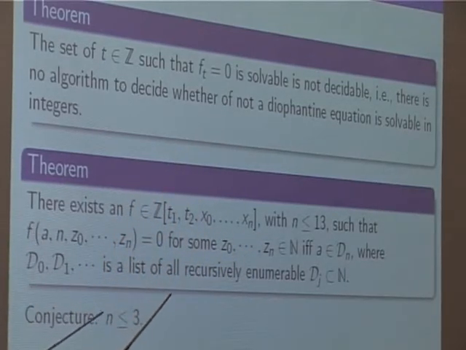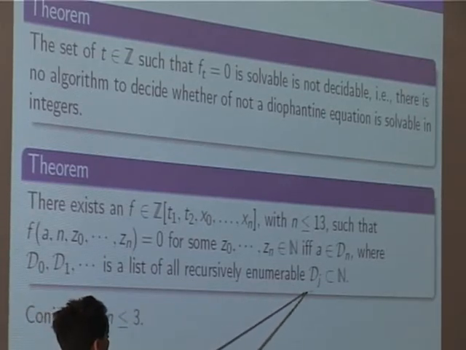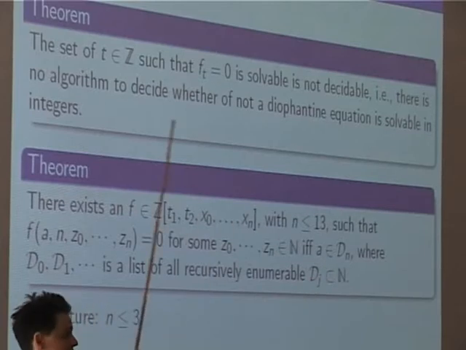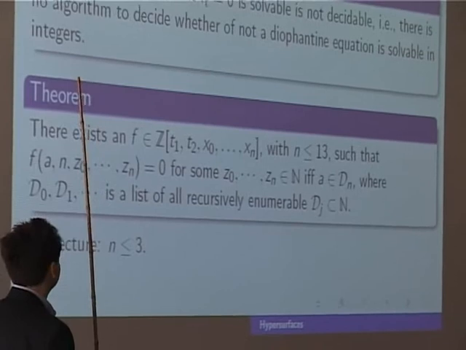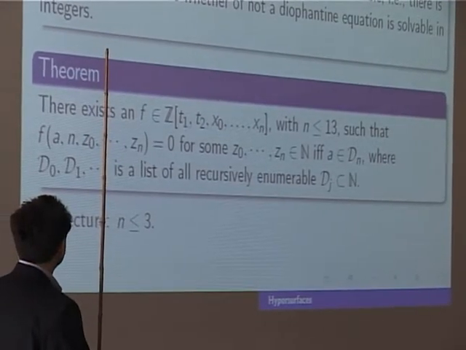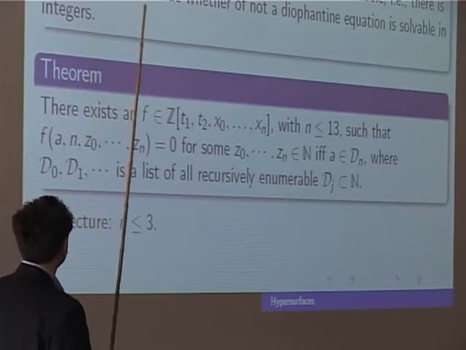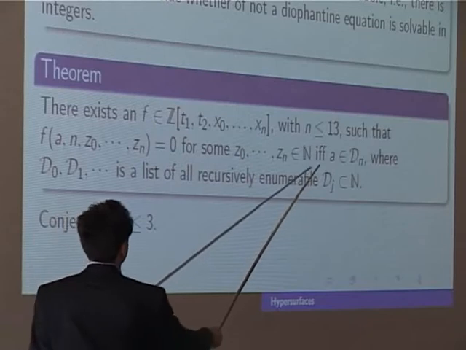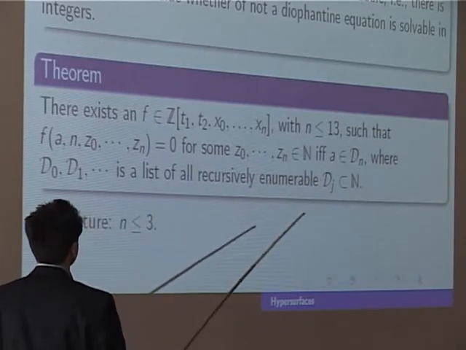Now, you look at all recursively enumerable subsets of N, like prime numbers or some other subsets you design. And then you want to answer the question: when is a positive integer in one of these subsets?